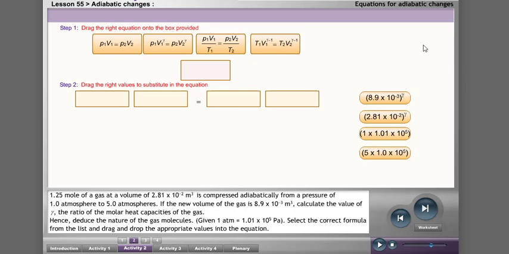Hence, deduce the nature of the gas molecules. Given 1 atmosphere equals 1.01 times 10^5 pascals. Select the correct formula from the list and drag and drop the appropriate values into the equation.